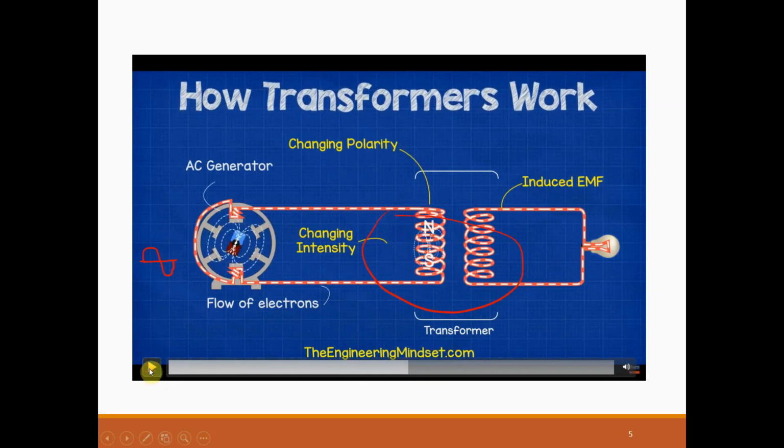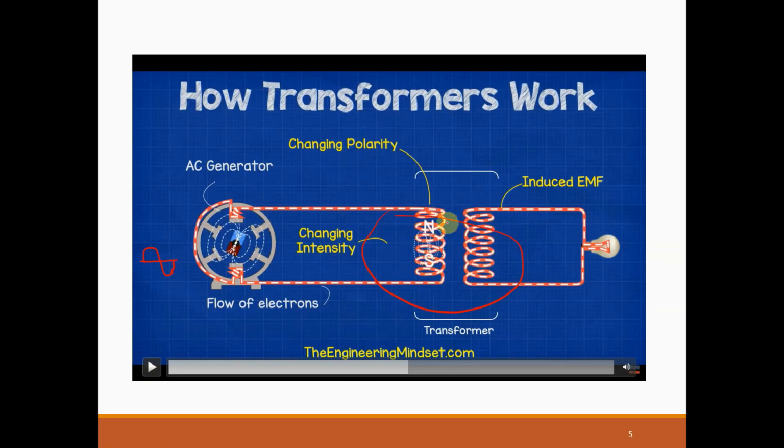Let's pause on here. So here, we have a changing voltage, right? The polarity of the voltage is changing with a certain frequency, and the magnetic flux here is changing. So the magnetic flux produced on this winding passes through this coil, right?